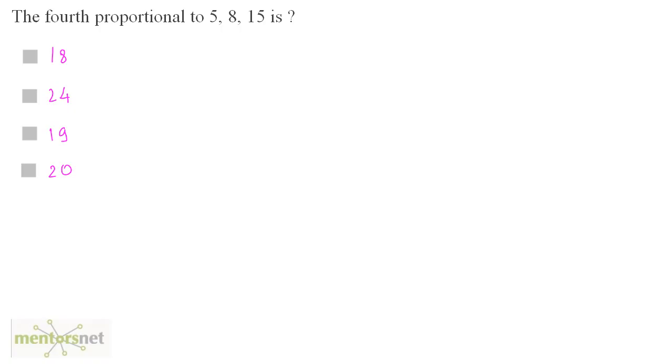The fourth proportional to 5, 8, 15 is? Well, if you have two ratios, A is to B proportionate to some other ratio C is to D, then A is the first proportional, B is the second proportional, C is the third, and D is the fourth proportional, right?